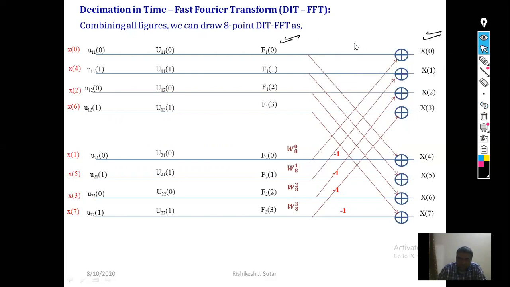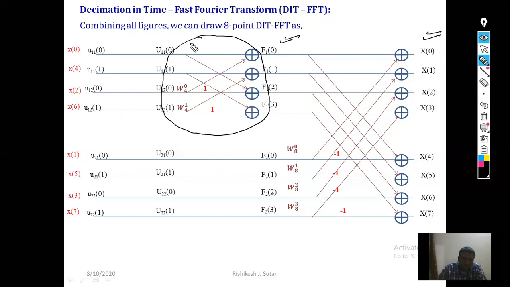Now if we go further, then what I have to do, I have split f1 of n into u11 of n and u12 of n. So I have drawn this butterfly diagram for the relation between f1 of n and u11 of n and u12 of n.